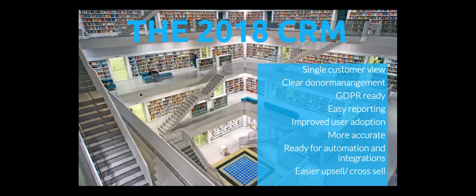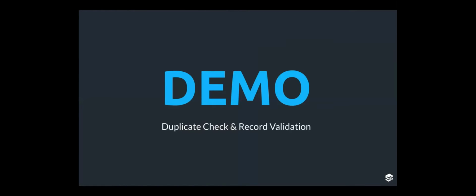So this is where you should head in 2018. A single customer view, clear donor management, GDPR ready, and more efficient campaigns. Now I'll switch to Ruben, and he will show you how to do the setup of strategies and how to clean in batches and manual entry.